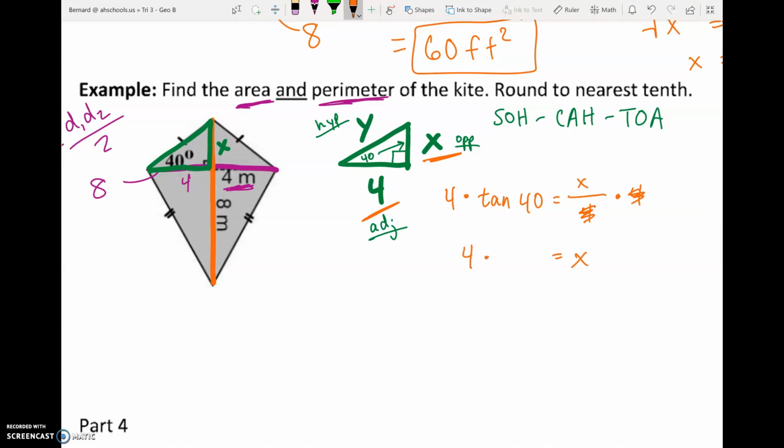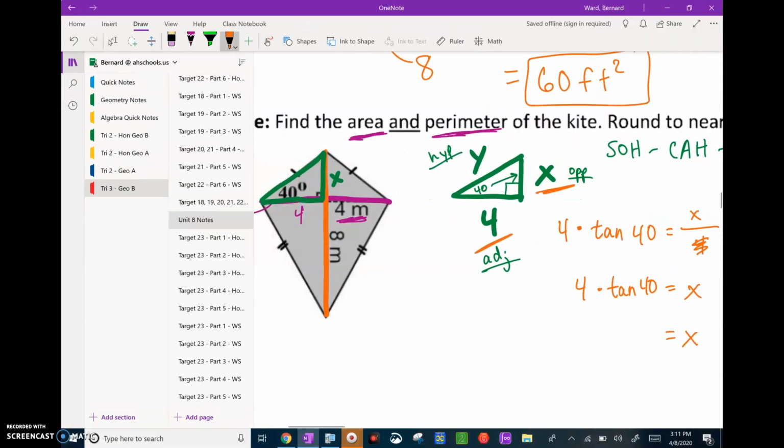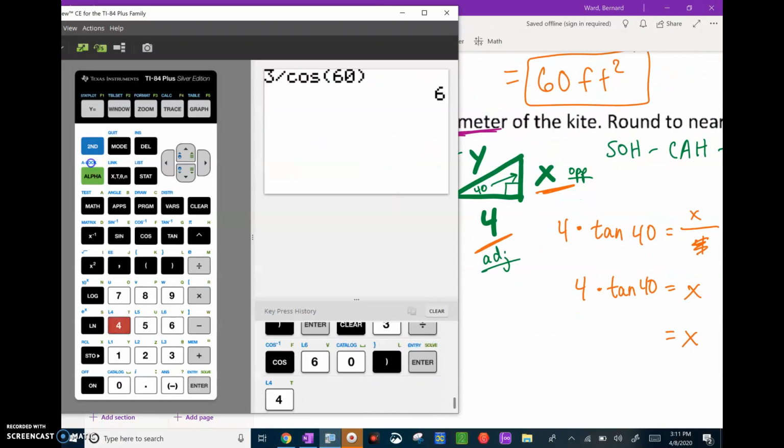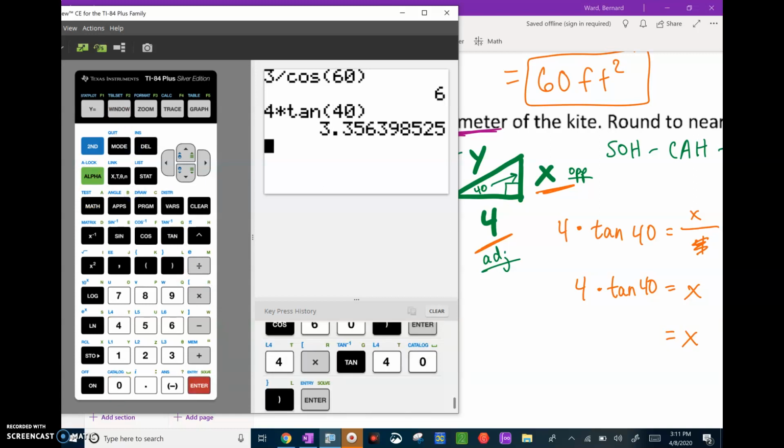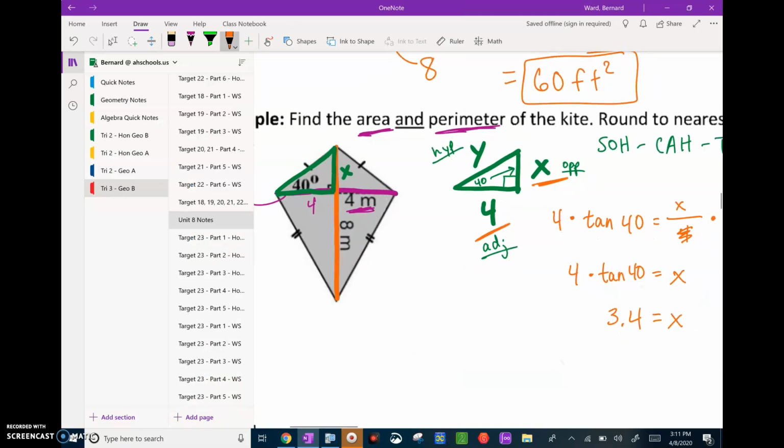And what we need to type into our calculator is 4 times the tangent of 40. And when we type in 4 times the tangent of 40, we will see that X equals 3.4 if we round. 3.4. Now, that's important, so I'll underline it. We'll come back to that and use it again.